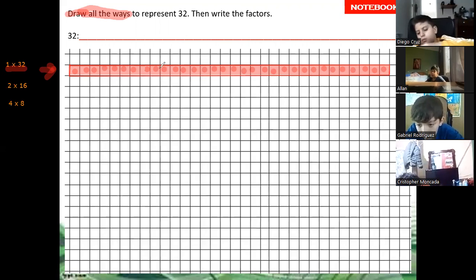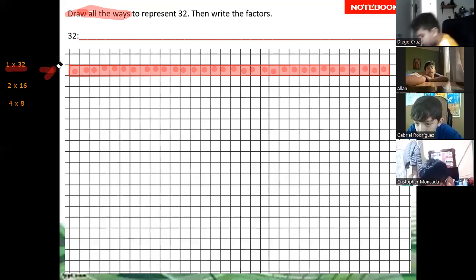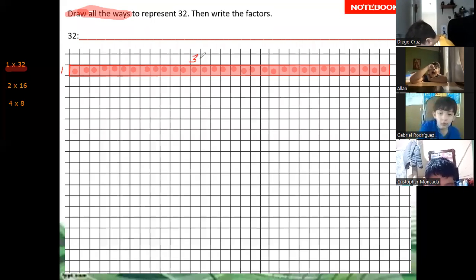What are the factors of this model? 1 and 32. I have one row here and I have 32 tiles in this row.